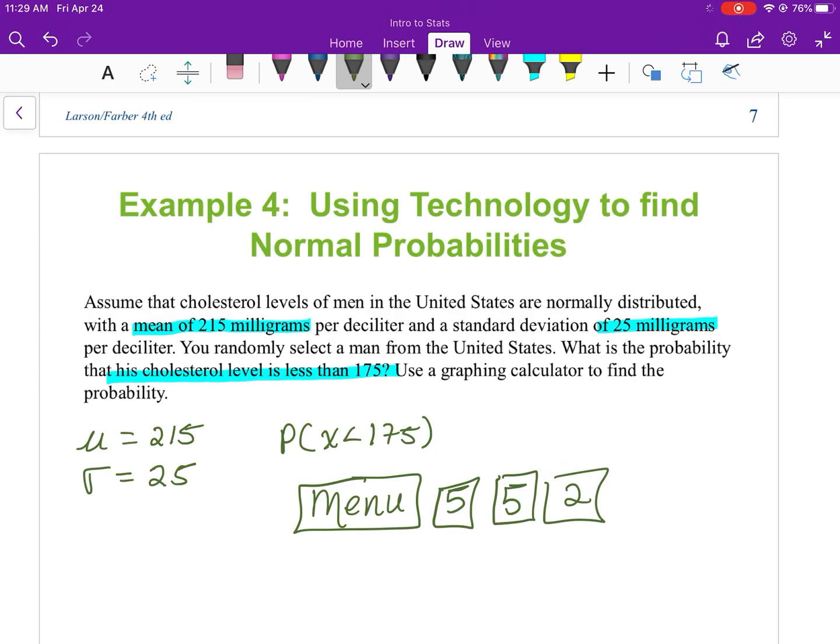Your lower bound will be 0 because you're going from 175 down, so between 0 and 175. Your upper bound is 175. Your mean is 215. Your standard deviation is 25. And if you put that into your calculator, you're going to get roughly 0.0548.